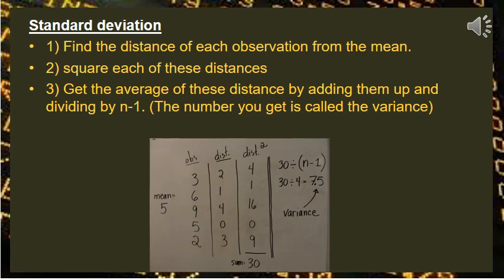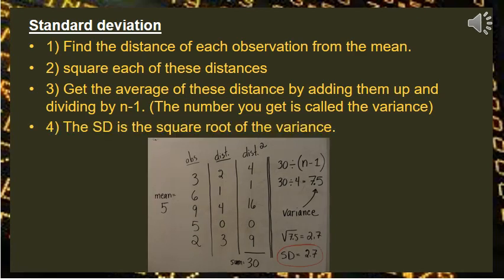This number I just got, 7.5, is called the variance. And the standard deviation is the square root of the variance. So here the square root of 7.5 is 2.7. In this data set of 5 observations, the standard deviation is 2.7. So 2.7 is the average distance from the mean.